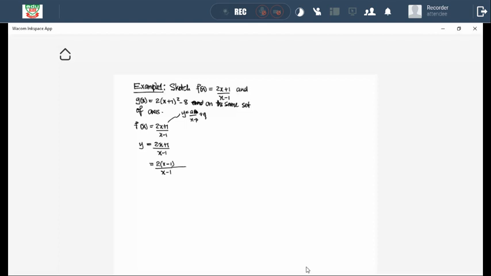But if you look at that closely, if I open that bracket that I created, 2 times x will give you 2x, and 2 times minus 1 is minus 2. But the previous numerator was 2x plus 1, and if I expand this one now, it gives you 2x minus 2.